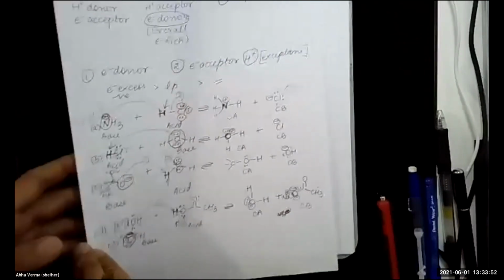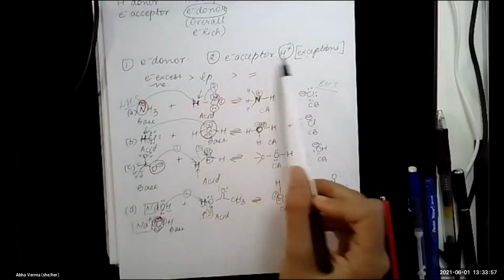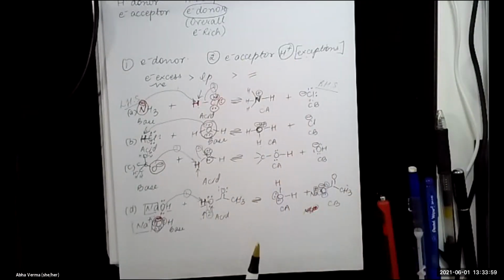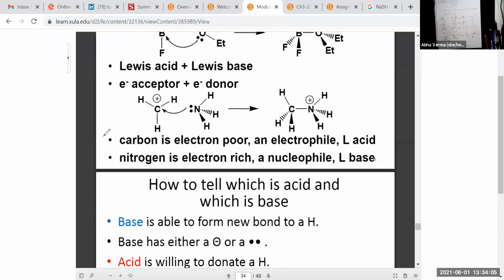Now, I just told you that most of the time, your electron acceptor will be a proton. But there are a few exceptions.